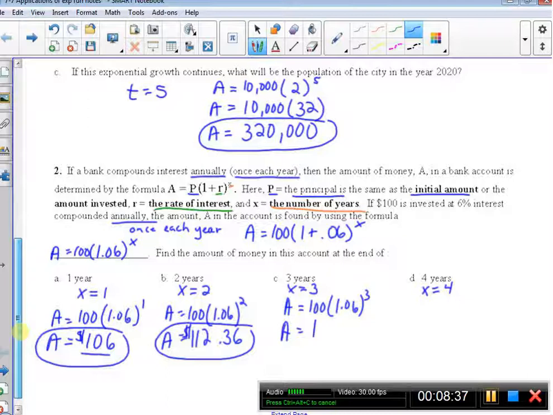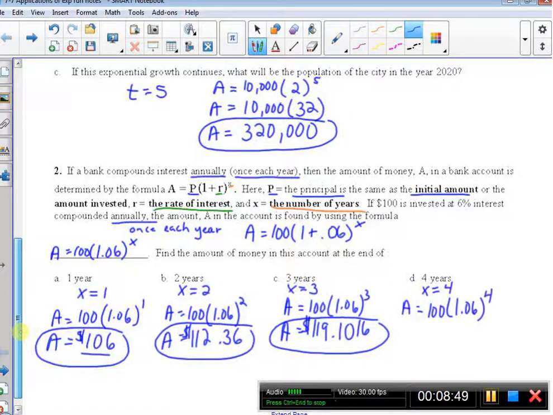So that's 119.1016. I'm just going to leave the full decimal. And then 100 times 1.06 to the fourth is going to be 126.247696.